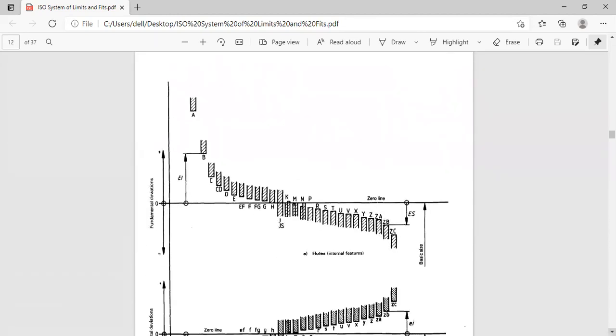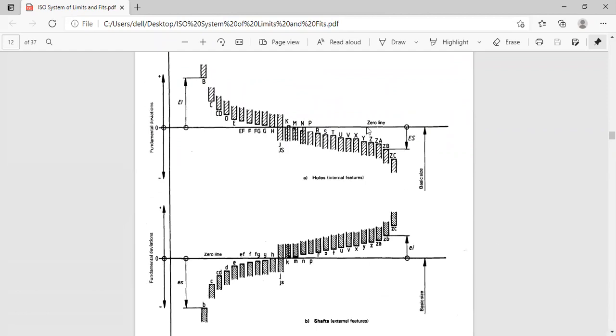So already we have seen this particular thing, this H, lower deviation of the hole is 0. So this is the lower deviation and this is the upper deviation. Starting from A to H, it will be the lower deviation, and starting from J to ZC, ZA, ZB, ZC.